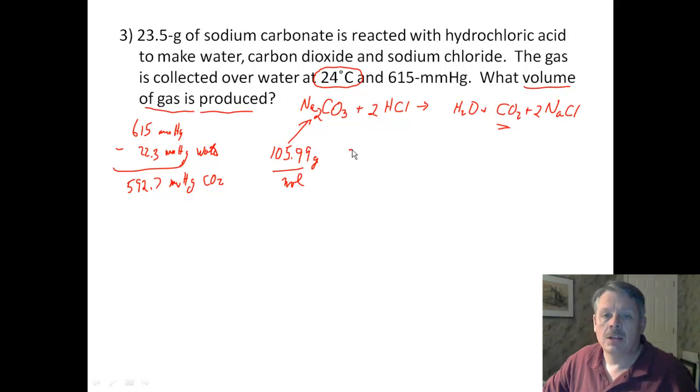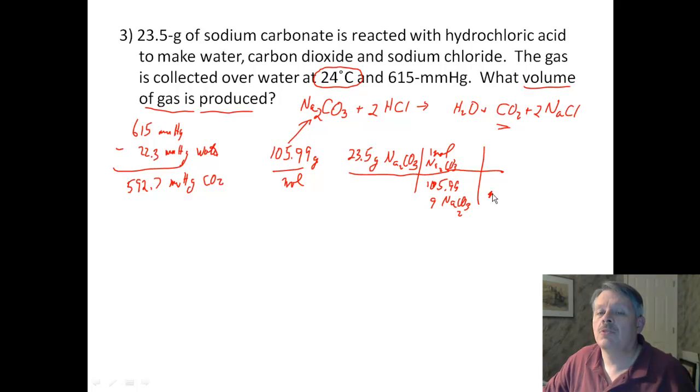So now I can convert my 23.5 grams of sodium carbonate into moles of sodium carbonate by getting rid of the molar mass. 105.99 grams of sodium carbonate in 1 mole of sodium carbonate.